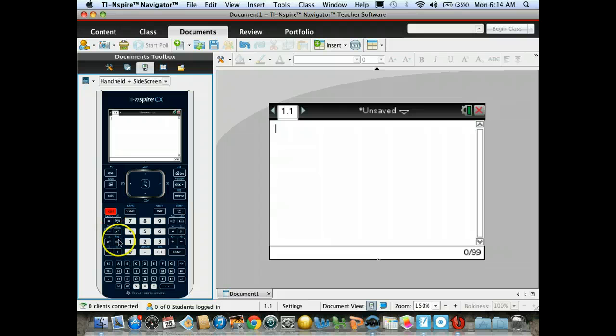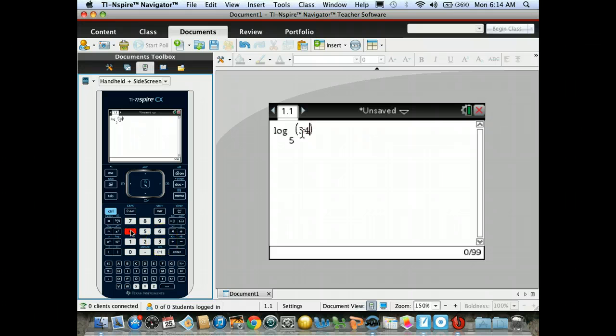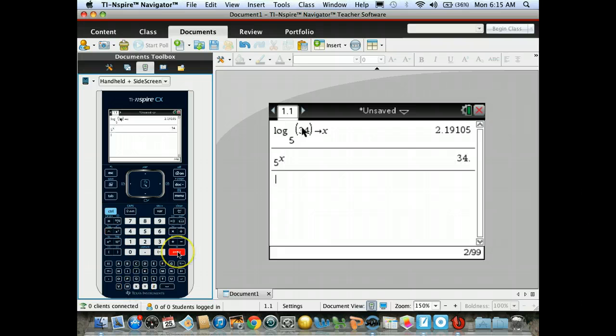So if you press control there, notice we get the log and we simply take 5 in for the base, tab over here, and put 34 in for our number, move outside of the parentheses, and store that in for x. And now, notice if we type in 5 to the x, we get 34. So that does indeed work.